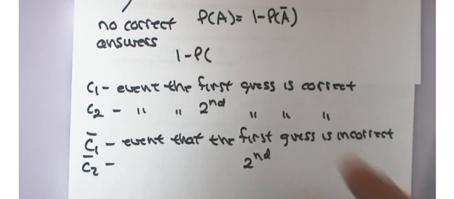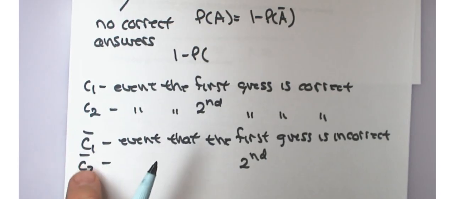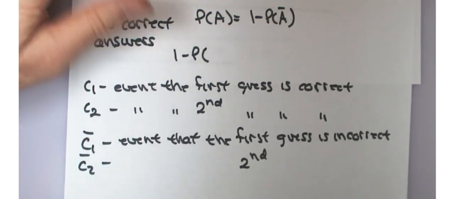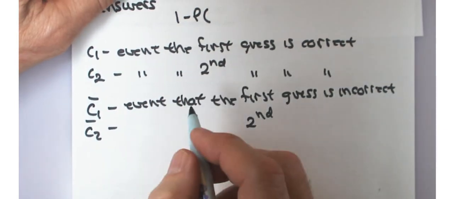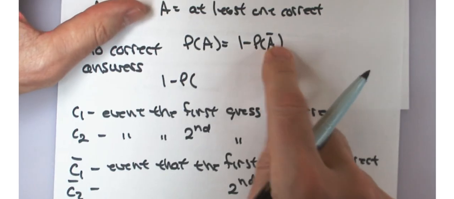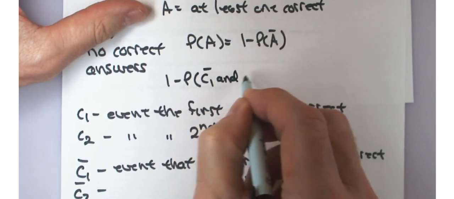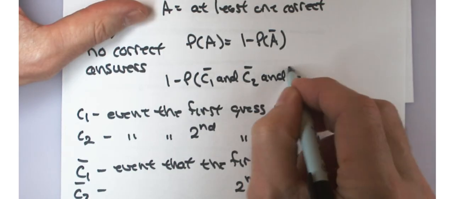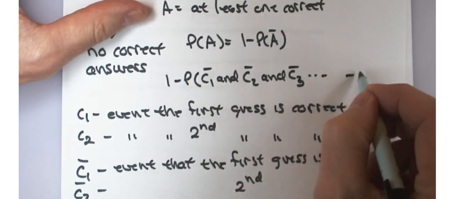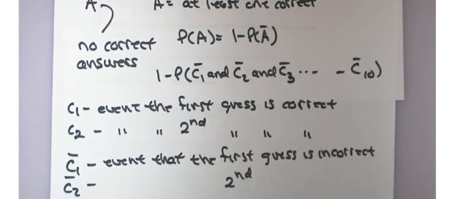But this event here, the probability of A bar, that's going to mean the probability of C bar 1, C bar 2, C bar 3, etc., all the way down. So in calculating our probability, 1 minus the probability of A bar is going to be 1 minus the probability of C bar 1 and C bar 2, and so on, all the way down to C bar 10. You're guessing all of these wrong. Bad luck on you.